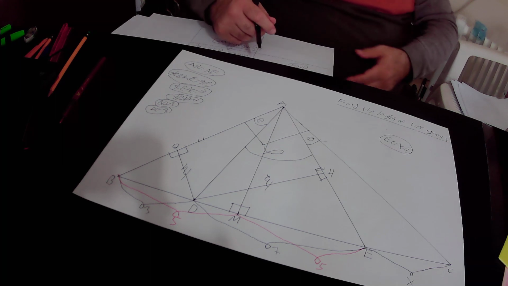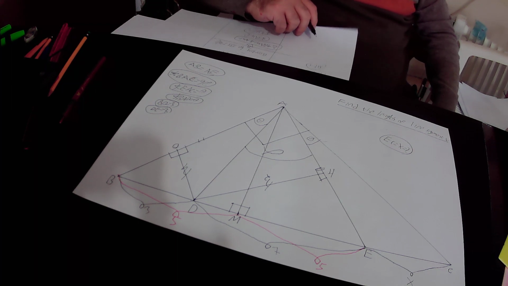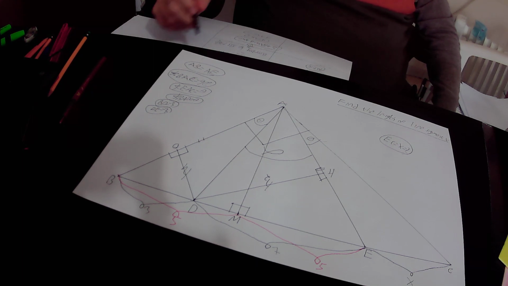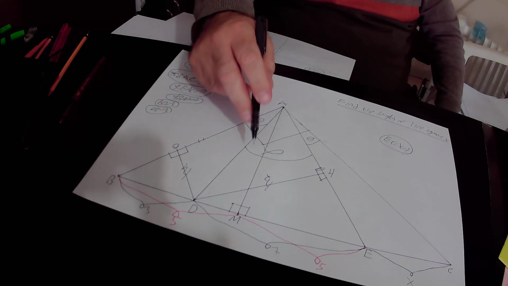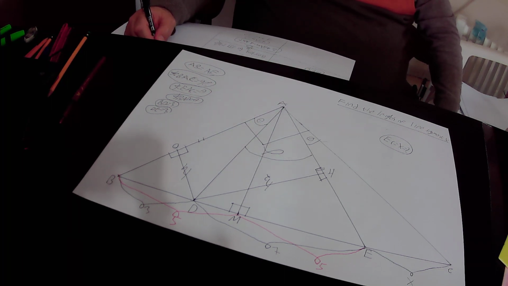And what is the value of angle BAE? The value of angle BAE, from one side, equals angle BAM plus angle MAE.